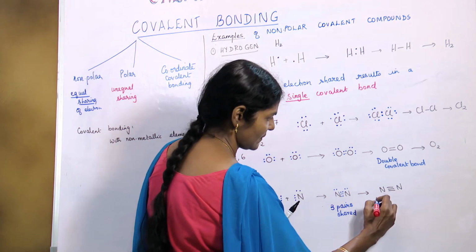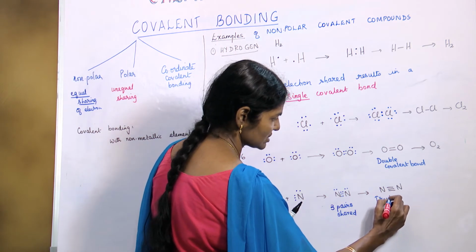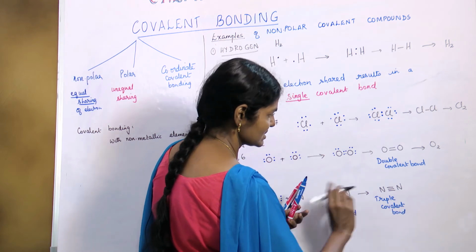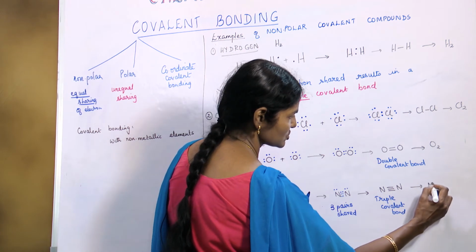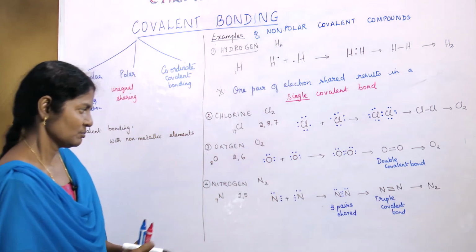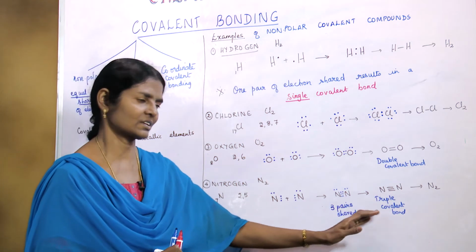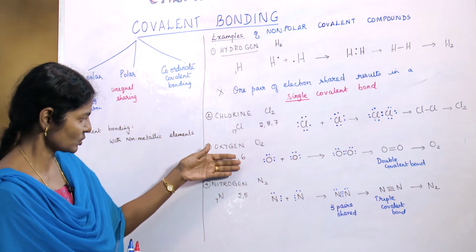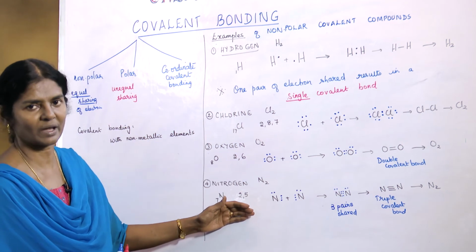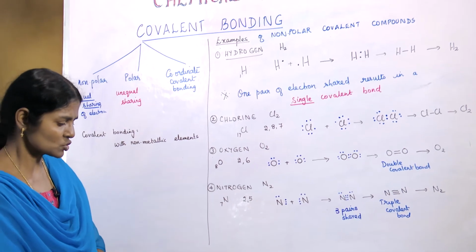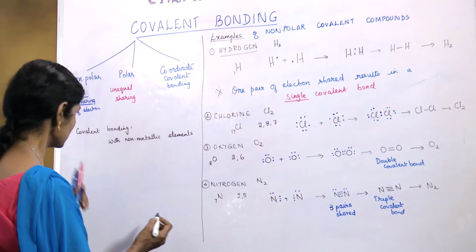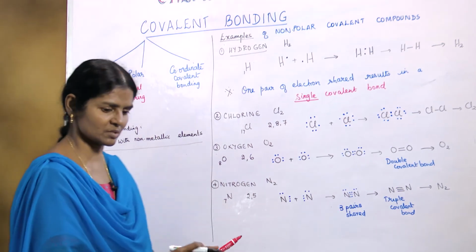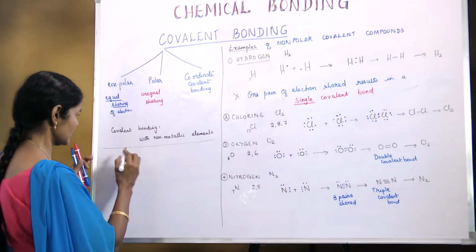This is a triple covalent bond. This again is represented as N2. That is fine. But this is how the electron dot structure goes for a single, a double covalent and a triple covalent bond. Of course, there are 2 more examples that we need to see which don't come under double or triple, but come under the single ones.